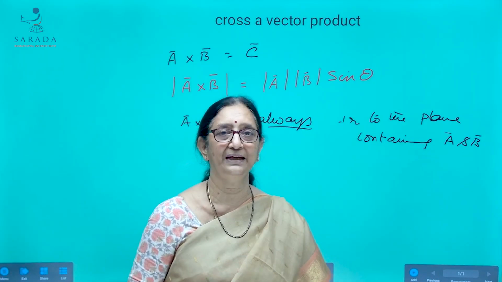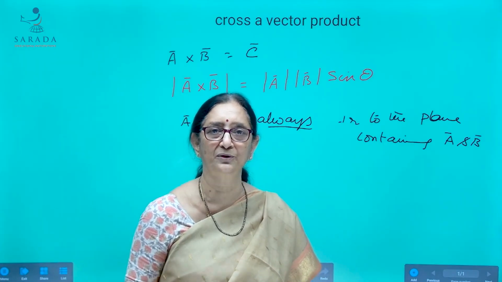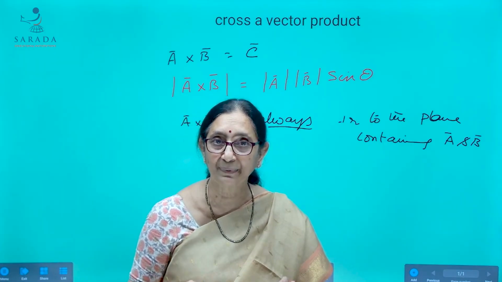In other words, we can also say the cross product of two vectors is always perpendicular to both of them separately.